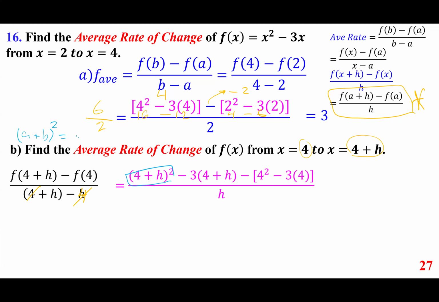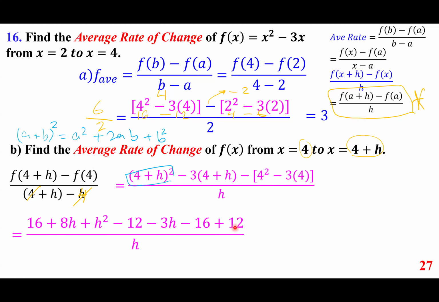A plus b squared is a squared plus 2ab plus b squared. So 4 squared is 16 plus 2 times 4 times h is 8h plus h squared minus 12 minus 3h. And as I said, just minus 4. Or you can say this is 16, this is 12. Normally, we want to do them in the brackets, but this is 16. So minus 16, this is 12 plus 12.